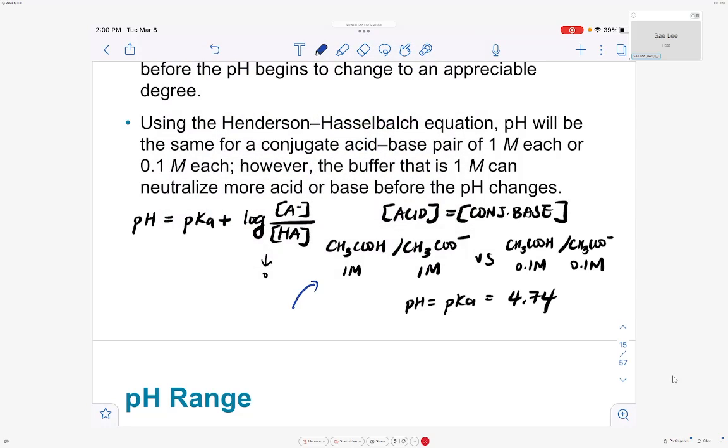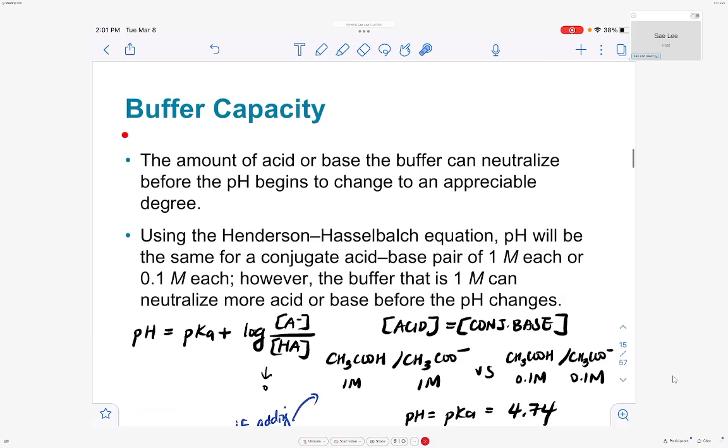If we're adding sodium hydroxide, which one has better capacity? This buffer solution or this buffer solution? Of course, this buffer solution will have higher capacity to neutralize the newly added sodium hydroxide base. The capacity to neutralize newly added substance is called buffer capacity.